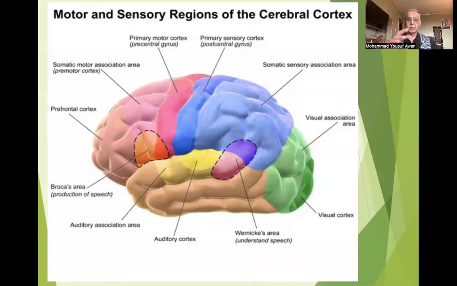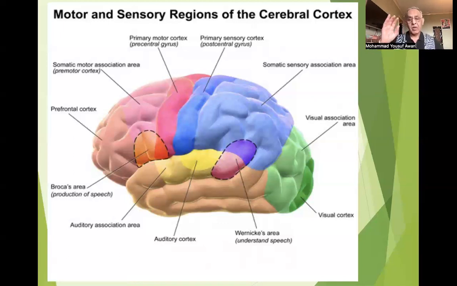To understand that, you need to understand the anatomy of the cerebral cortex. So if something happens in the premotor cortex, there will be motor signs, and if there's a problem with the sensory cortex, then sensory signs. We'll discuss in detail in subsequent slides.